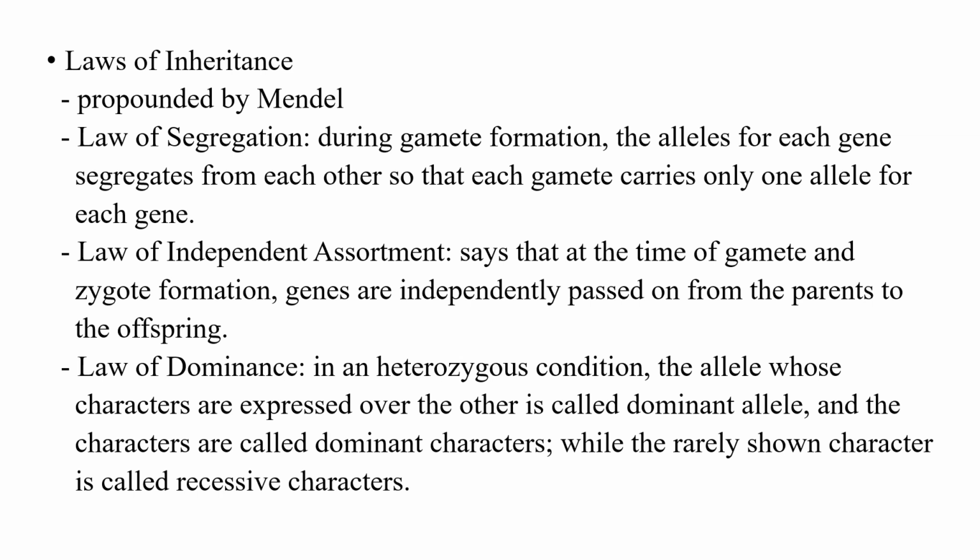So just like I mentioned earlier about recessive and dominant, what this law is saying is that in a heterozygous condition, there will always be one allele that will express itself over the other, and it's referred to as the dominant allele, while the rarely shown characters are referred to as recessive characters.